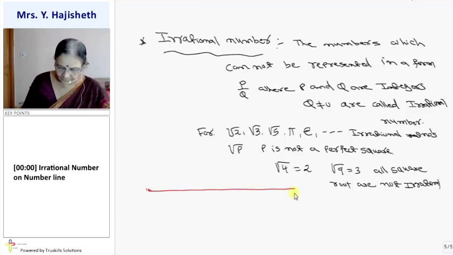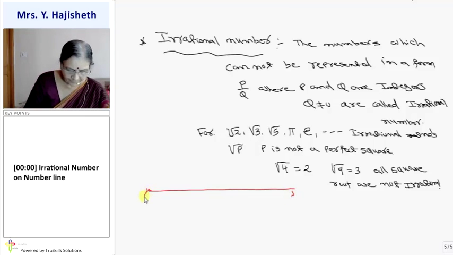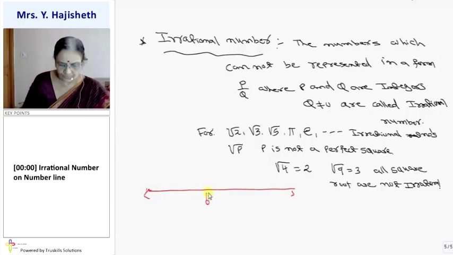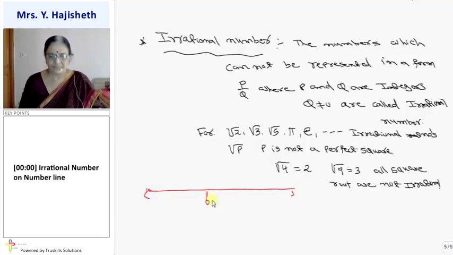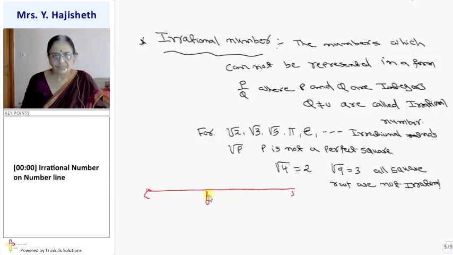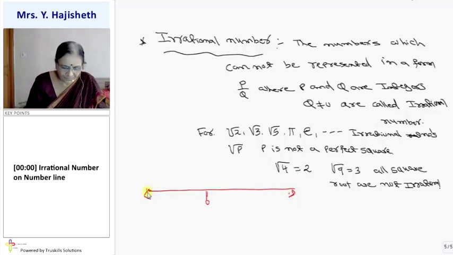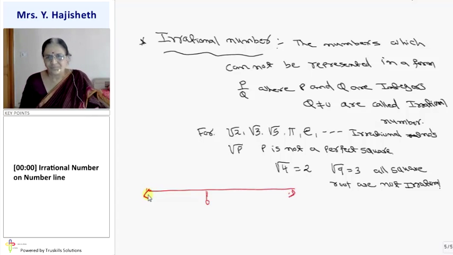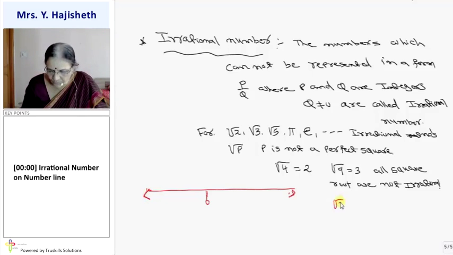This is arbitrary point O, that is 0. Clear? Now suppose you want to represent root 2 on number line.